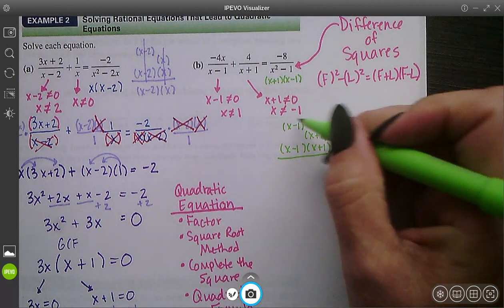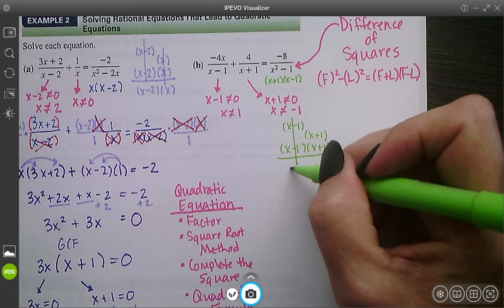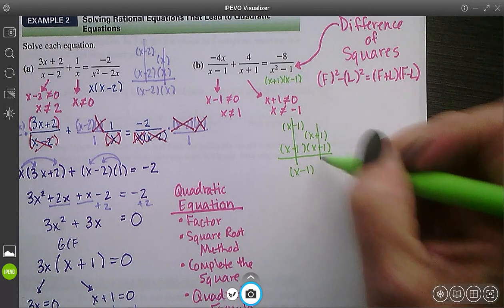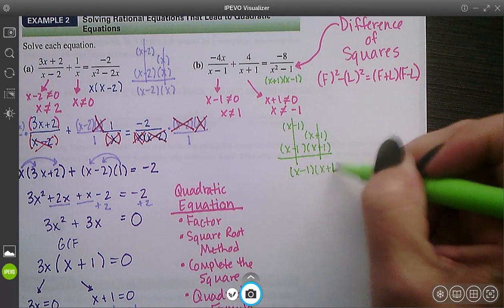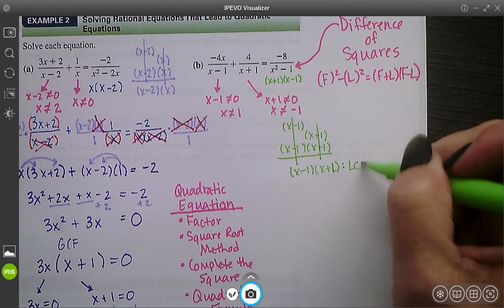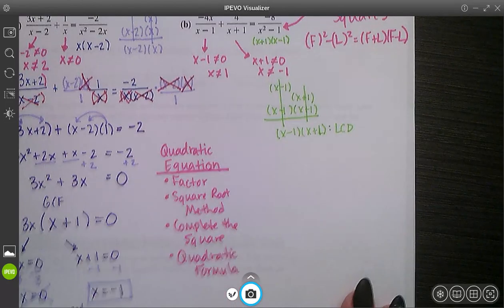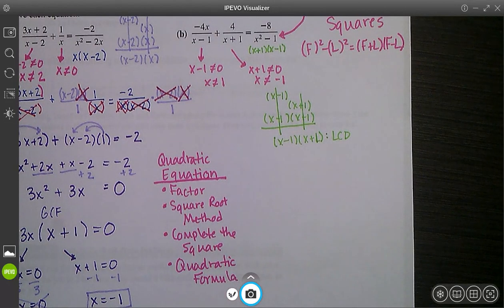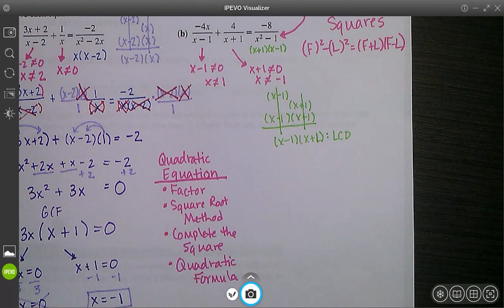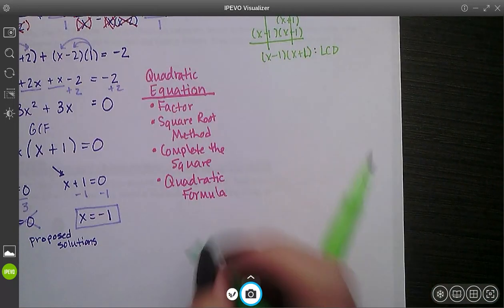So we should be able to tell that our LCD will have x minus 1 and x plus 1. So that would be our LCD. So I'm going to multiply each term by that LCD over 1. I am running out of space here, so I am just going to move all the way down to here.